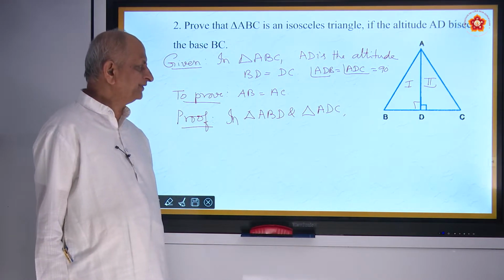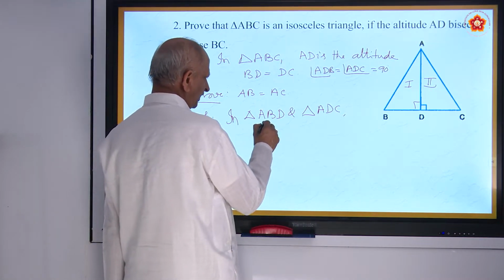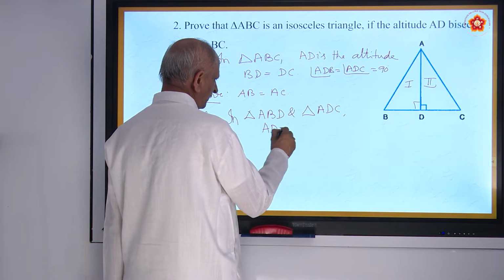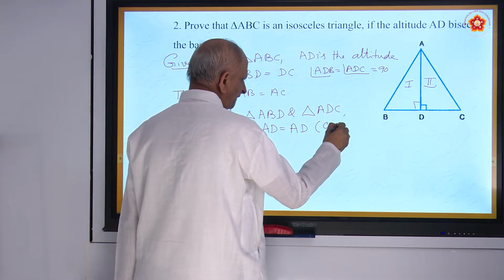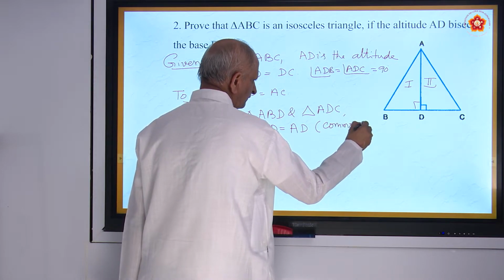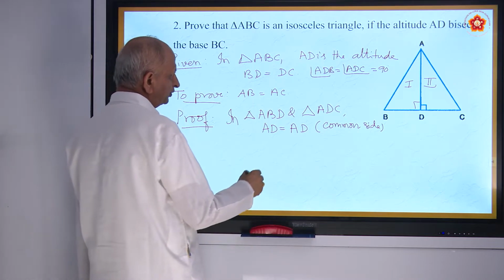Can you see one common side, right? What is the common side? AD. So AD is called common. AD is equal to AD, that is the common side for both the triangles. Then you have two angles.